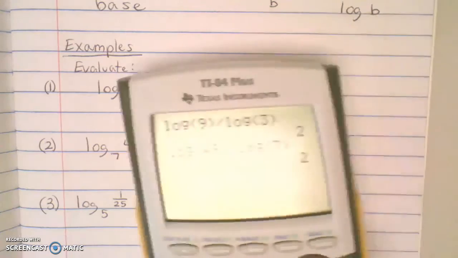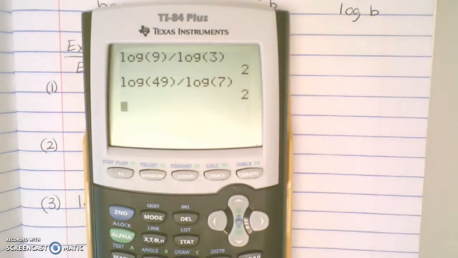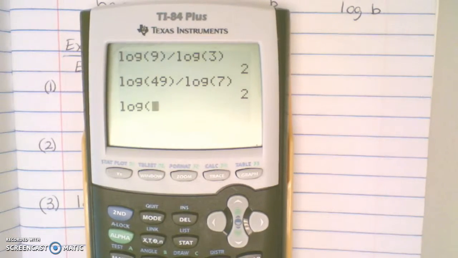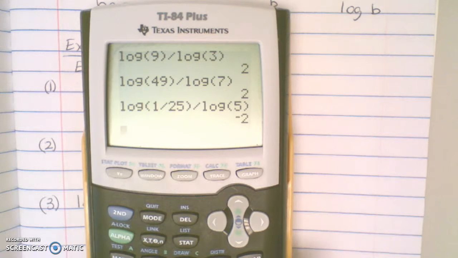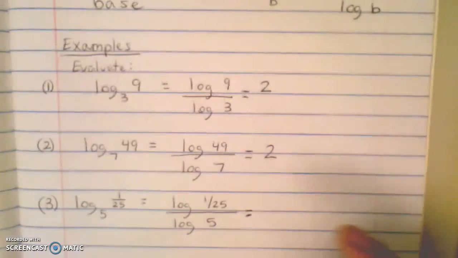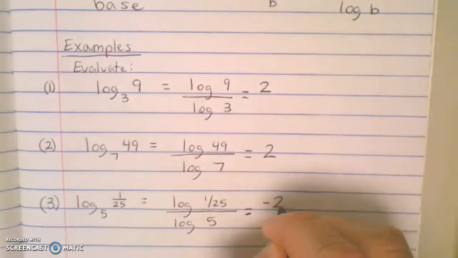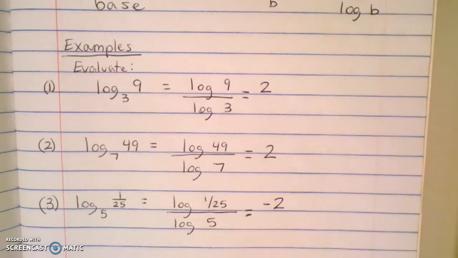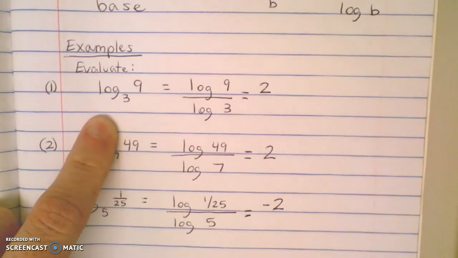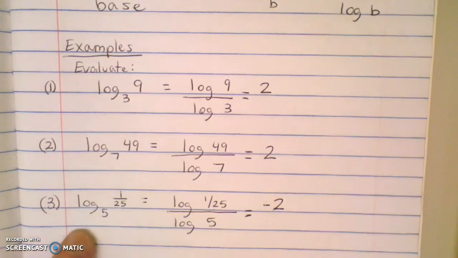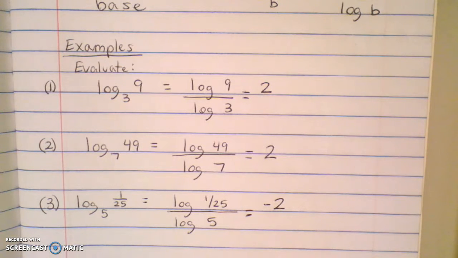It's 1 over 25. So I would type in log 1 divided by 25, close parentheses, divided by log 5. And in this case, my exponent is negative 2. So evaluating these, I just do the change of base formula, and I can find the exponent that makes these true.